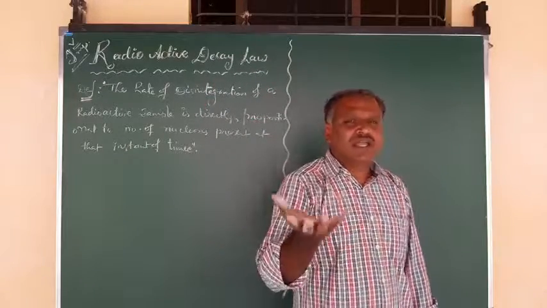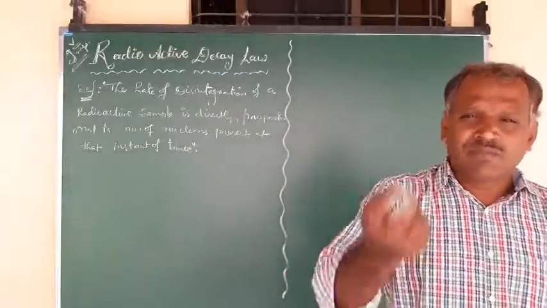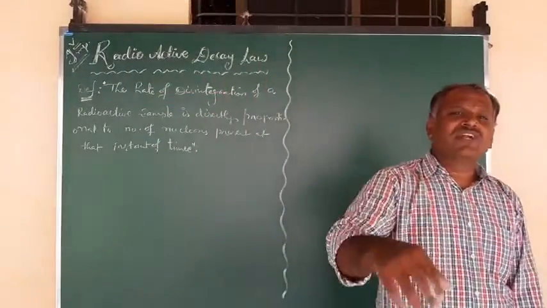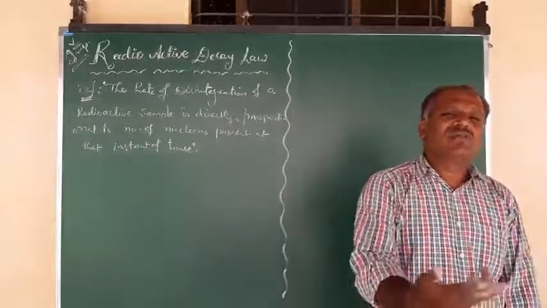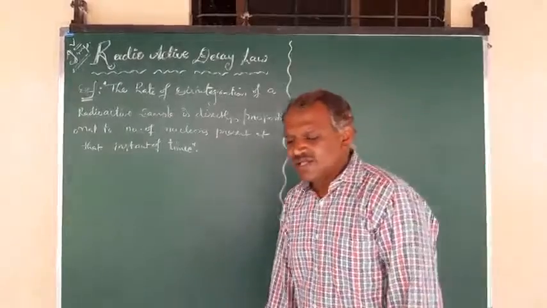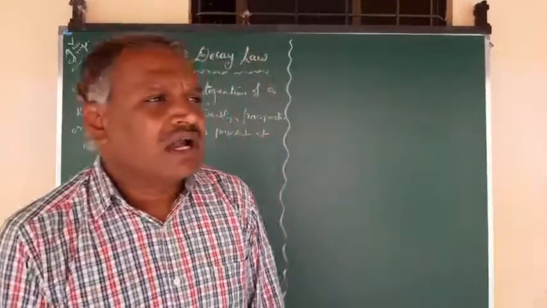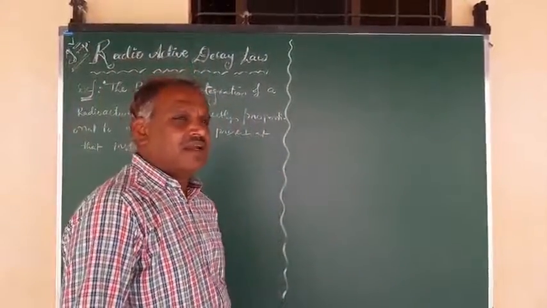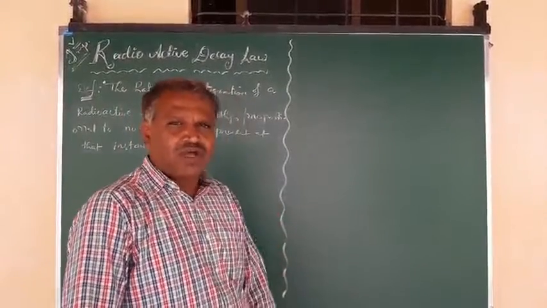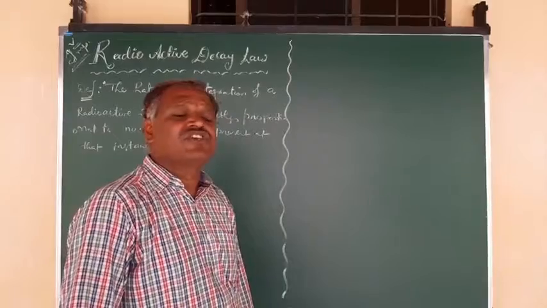Let us say you are taking a radioactive sample, in which some number of nucleons are there. After some instant of time t, how can we calculate how many nucleons are present at that instant? There is a simple derivation for this. The number of nucleons at any instant of time can be calculated by an equation in exponential form.